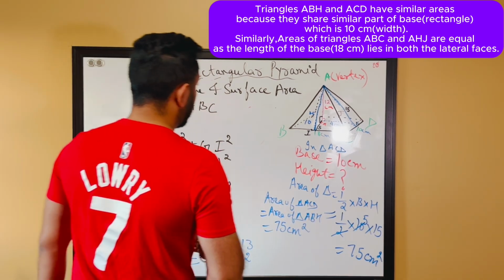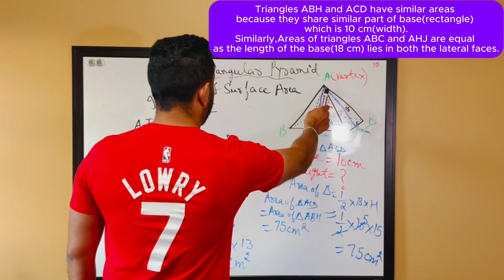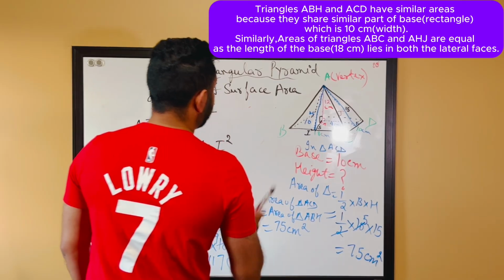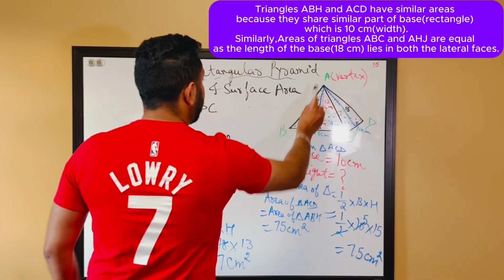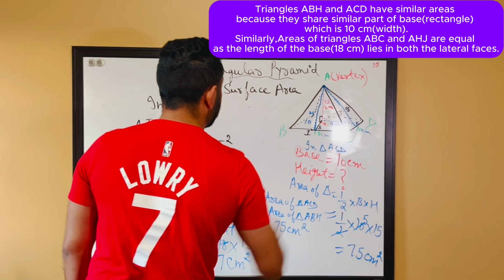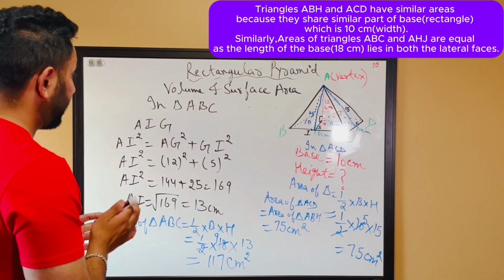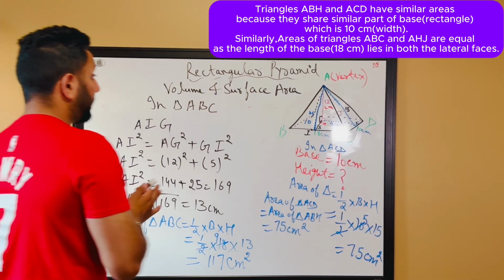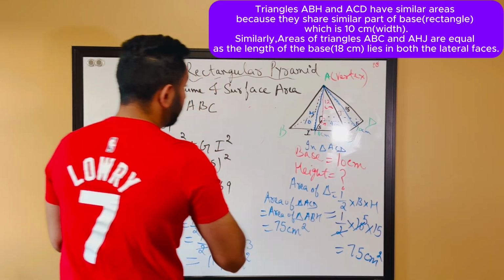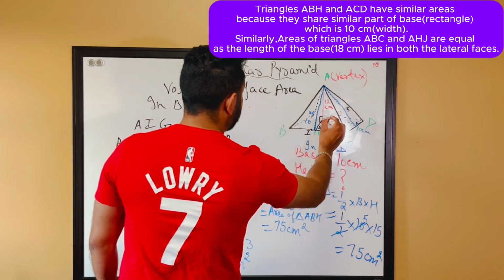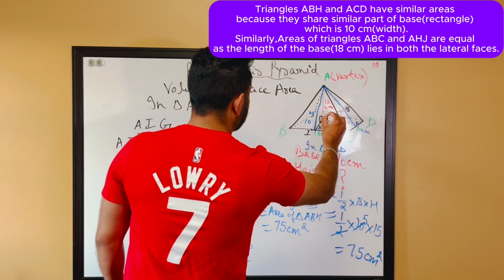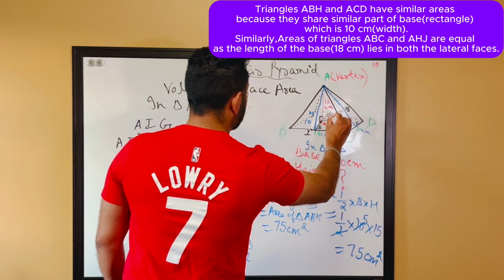And also the area of the front face ABC and the area of the back face AHJ are gonna be same because they share the similar part of the base, which is 18 centimeter. If this is 18 centimeter, this is gonna be 18 centimeter too.